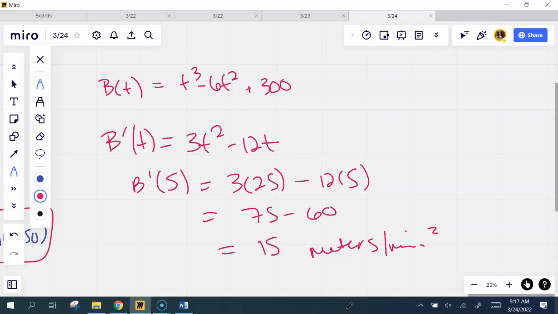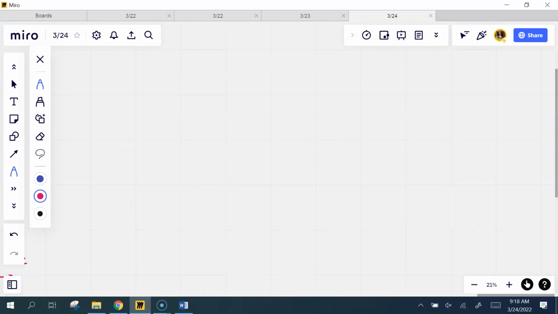All right, part D. They're all 9. Part D. So based on the model B from part C, find Bob's average velocity. Anytime you see average value of a function, that is 1 over b minus a times the integral from a to b.